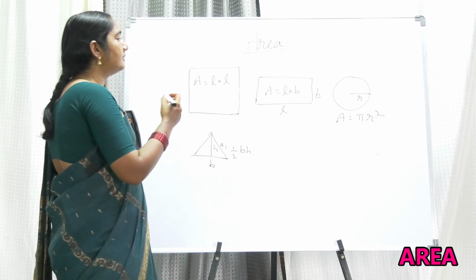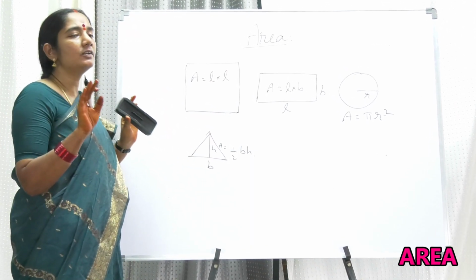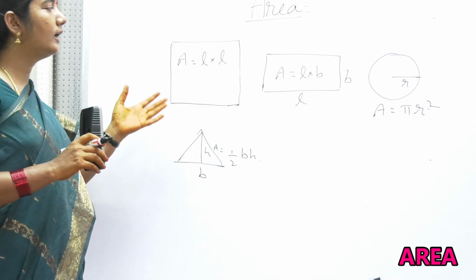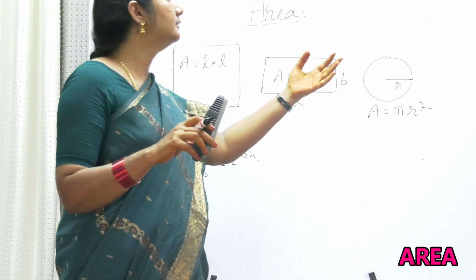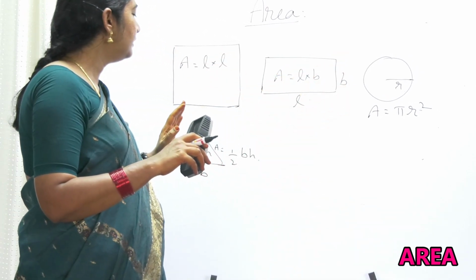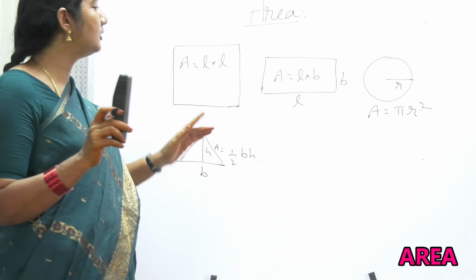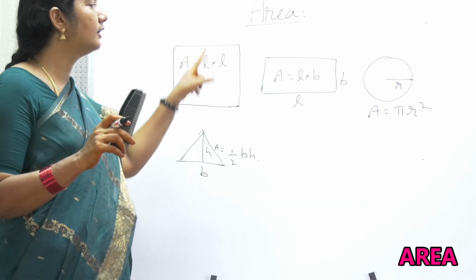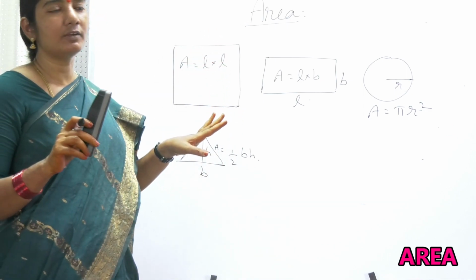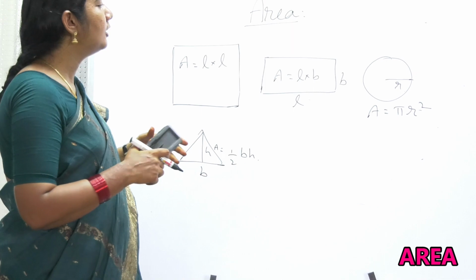So my dear friends, these are some of the standard figures: square, rectangle, circle, and triangle. All these are two-dimensional figures because they have 2 dimensions. We call them 2-dimensional figures.